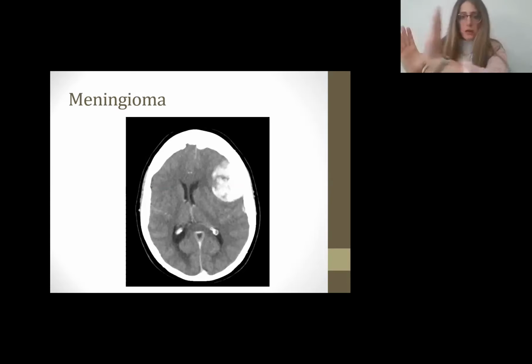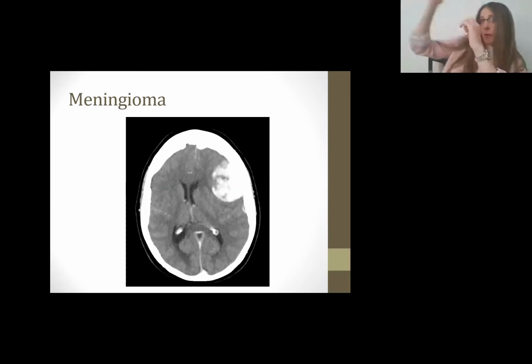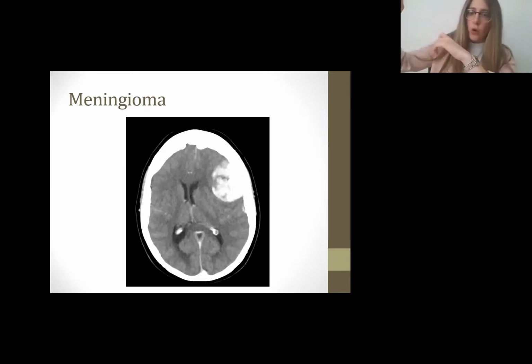It's stuck to the wall. It's not coming from inside like the glioblastoma, which comes from the inside and spreads like a butterfly. No, it's coming from the wall, like a protrusion from the meninges themselves. So whenever they show you a tumor coming from the meninges like this, think meningioma. It will always look like this. It has to come from the meninges. It will never come from the center.